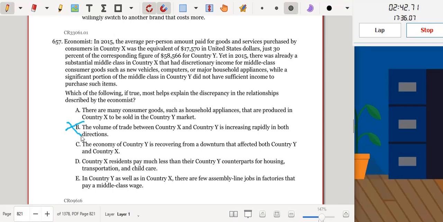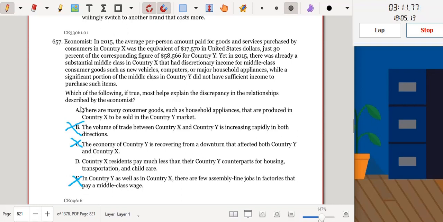C: The economy of country Y is recovering from a downturn that affected both country Y and country X. No. D: Country X residents pay much less than country Y counterparts for housing, transport and childcare. Okay, this can be. E: In country Y as well as in country X, there are few assembly line jobs that pay middle class wage. So this is not helping the discrepancy.